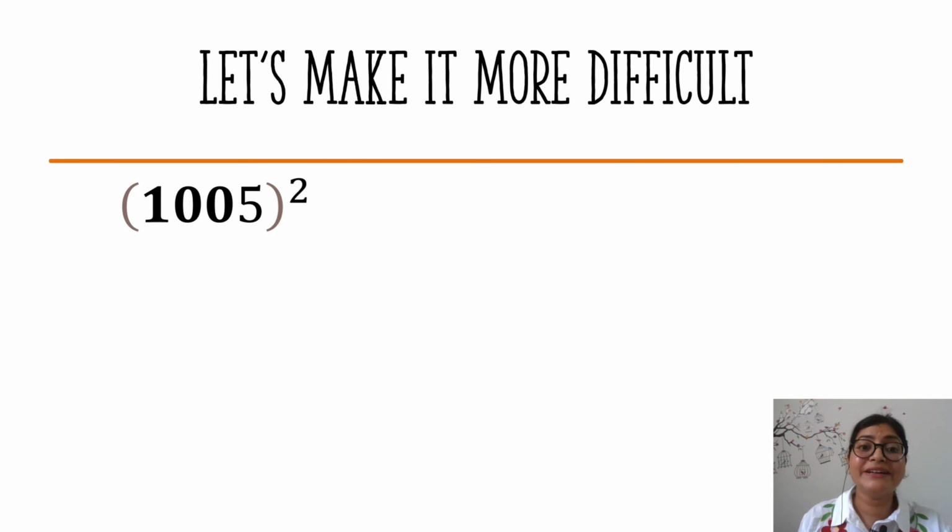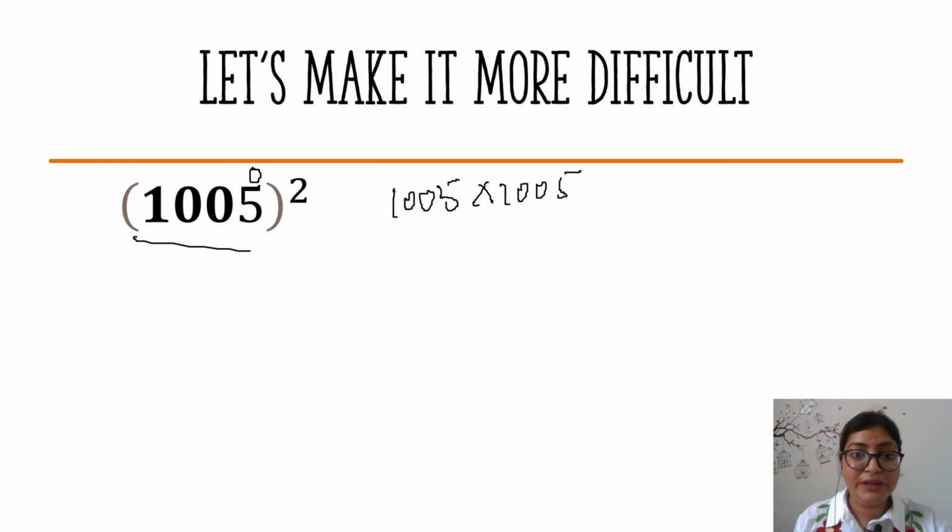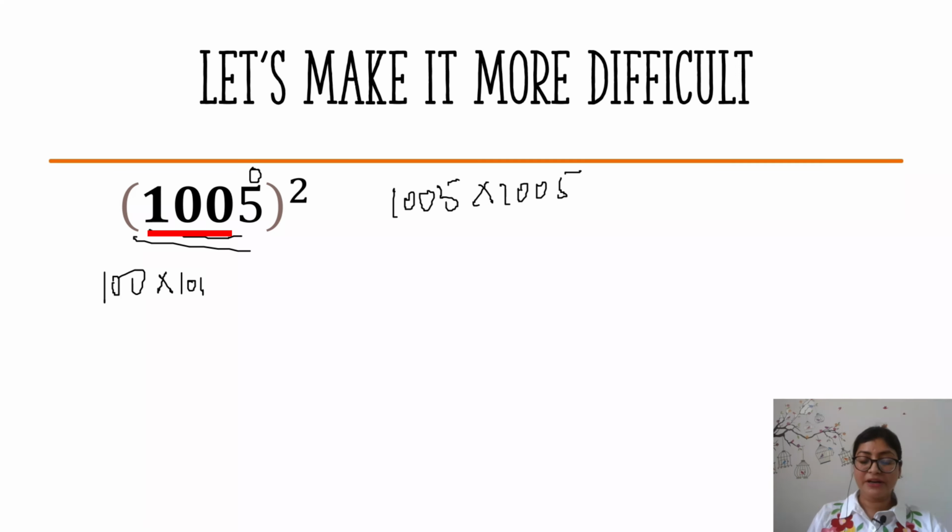Let's move forward. Let's make it more difficult. This time we have a 4-digit number. We have to multiply 1005 with 1005. Okay. So 5 is at ones place and what is written before 5? It's 100. So what comes after 100? Here comes 101. And what is 100 multiplied by 101? This is also very simple.